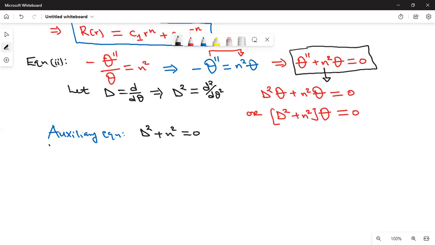Now what are the roots of this equation? Of course, there will be two roots, d1 and 2, which will be the square root of negative n squared. So what will this be equal to? Remember, the square root of a negative number is a complex number. So this will give us plus or minus iota times n. So the roots are complex conjugates.